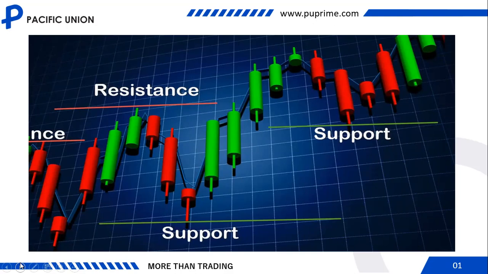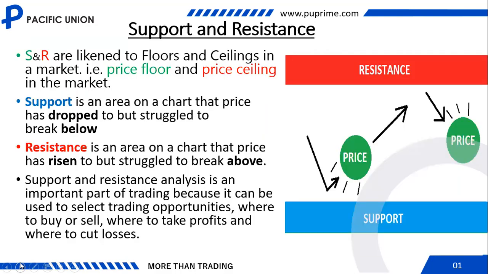The most basic way I explain it is this: support is something that helps you stand on a platform, while if you want to jump in a room, something resisting you ahead is the ceiling. You can look at it that way, so as not to mix it up. So basically, we're looking at support and resistance.